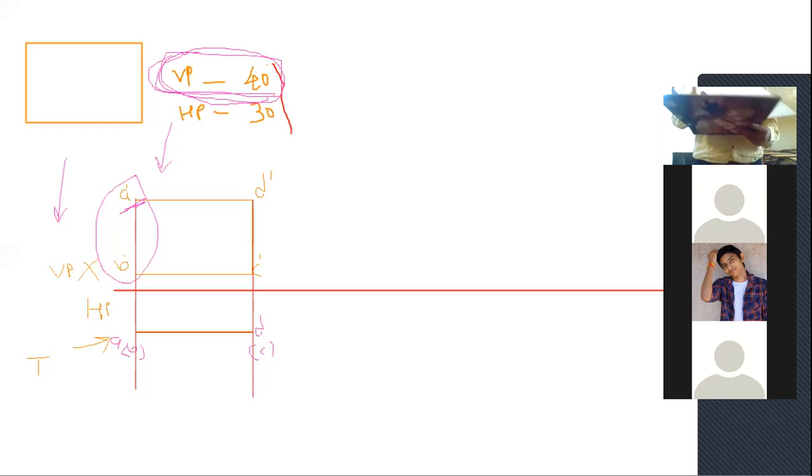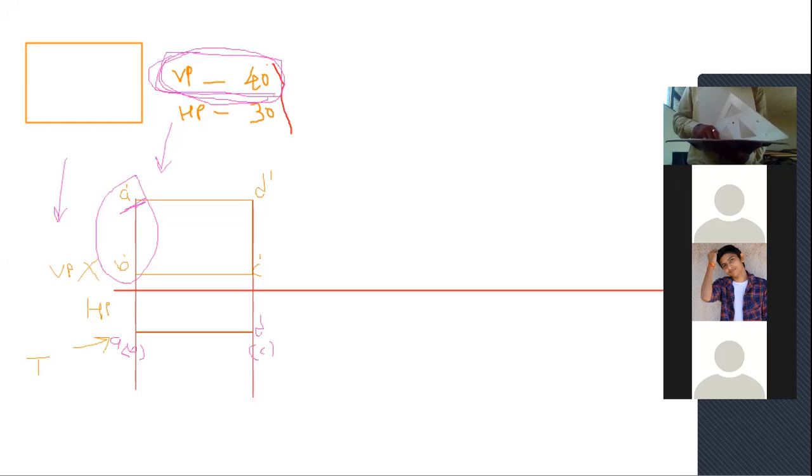Okay. Now I am holding it like this. It is having some inclination with vertical plane. It is perpendicular to horizontal plane and inclined to vertical plane at some angle. Are you able to see the inclination in front view?